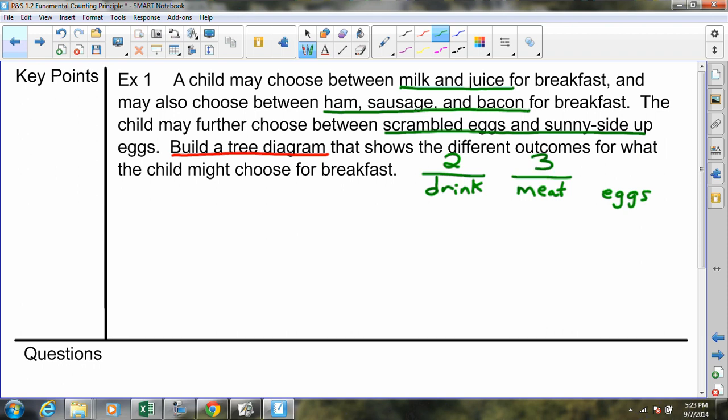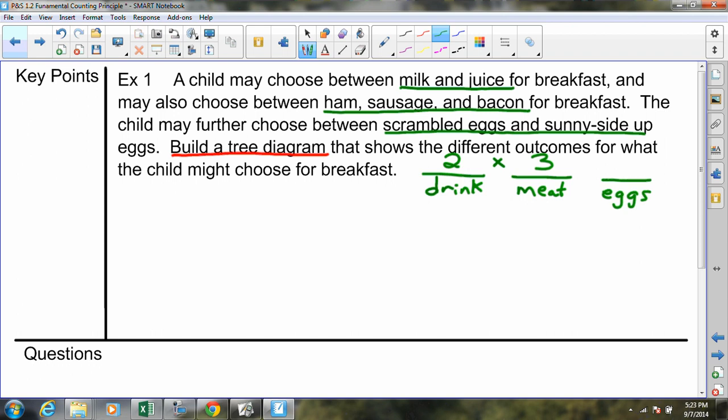The fundamental counting principle tells us that if we go build a tree diagram for only drinks and meat, there should be 2 times 3 equals 6 different branches on that tree diagram. And that's if you're doing only drink and only meat together.